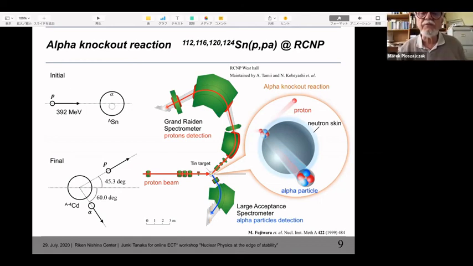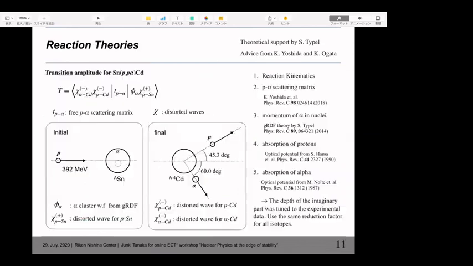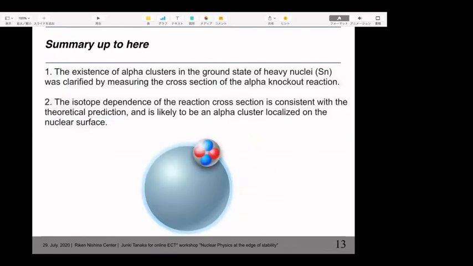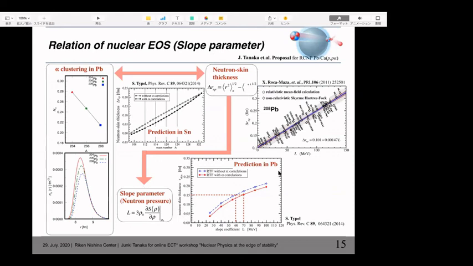Okay, we have the time for one short question. Diego Guerra. Yes, thank you. On your slide 15, you showed the correlation between the neutron skin and the L parameter with the RMF calculation. Yes, this one. So the new calculation by Stefan Typel, it seems that the correlation is not linear, while in the original work it is.